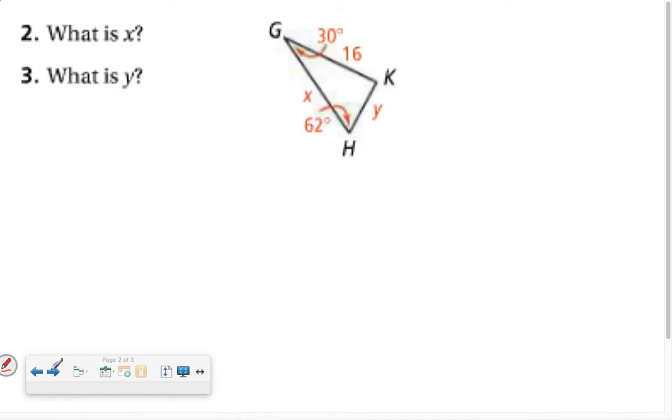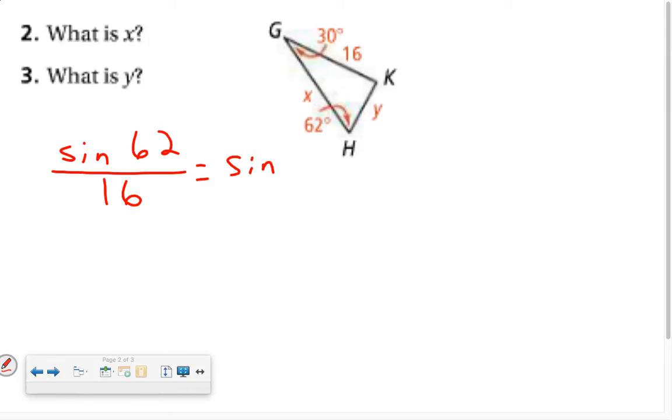In the first example in your notes, we have two angles and a side, and I'm trying to find the two missing side lengths. Okay? So 62 is opposite 16, so I know the sine of 62 over 16 will equal the sine of, well, the angle opposite the x, they didn't give me.